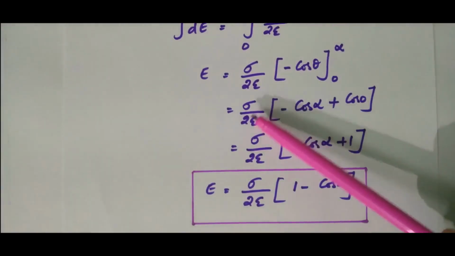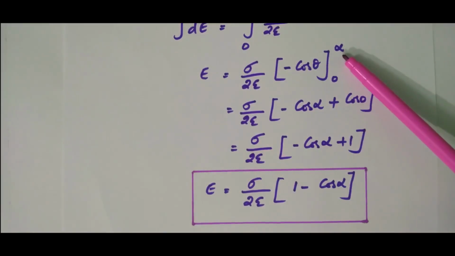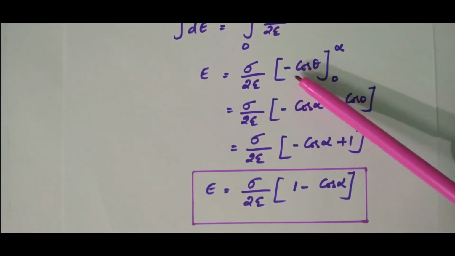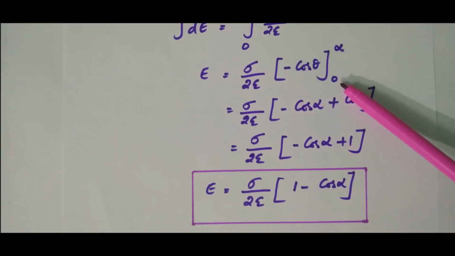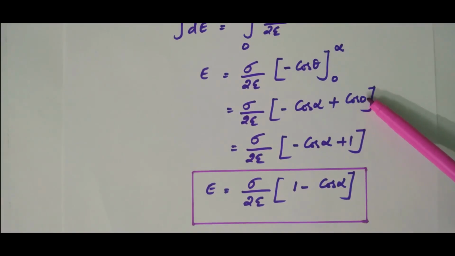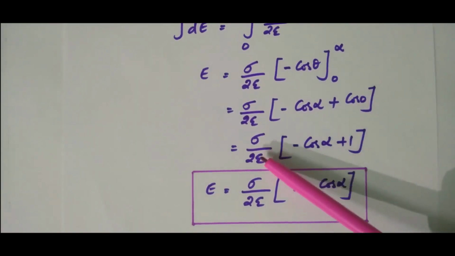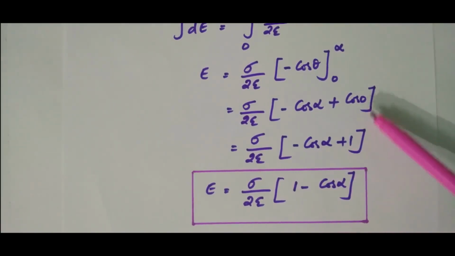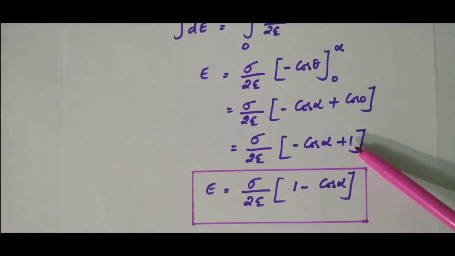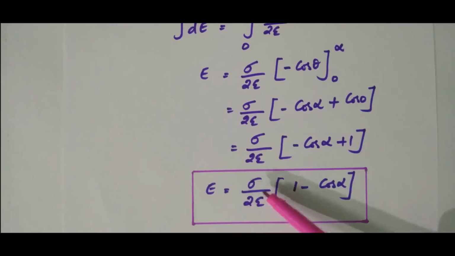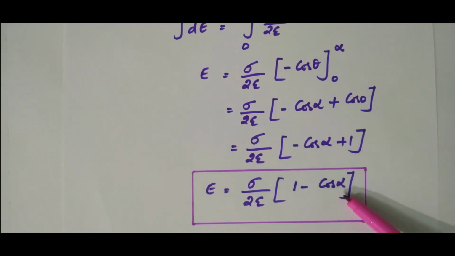Sigma divided by 2 epsilon: substituting the upper limit gives minus cos alpha; already one minus is there, and substituting the lower limit gives one more minus, so it becomes plus cos 0. Cos 0 value is 1. So rewriting, the electric field intensity E equal to sigma divided by 2 epsilon into 1 minus cos alpha.